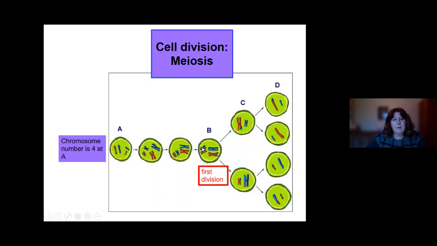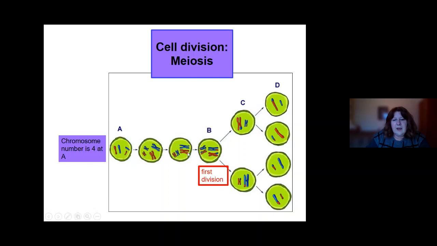And then we get to B. So between A and B, all that has happened is that the DNA has doubled. If you're very eagle-eyed, you'll notice that we started with just pure red and pure blue chromosomes, and what's happened in the processes between A and B is that these seem to have switched some of their alleles around.